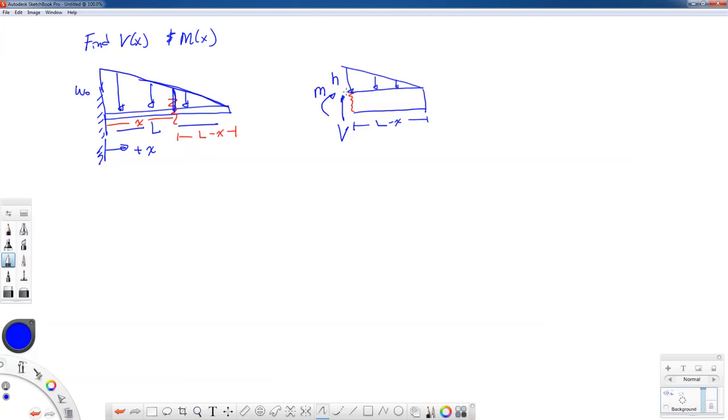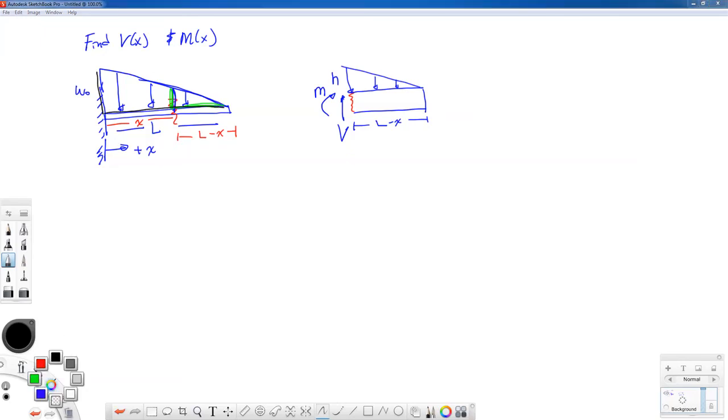Now I need to find that height H so I can find the statically equivalent force of that portion of the triangle. And this is where something called similar triangles comes in. We've talked about this a couple times already in this class, but if you look at a small triangle that has these dimensions, those dimensions are in the same ratio as a triangle that has these dimensions.